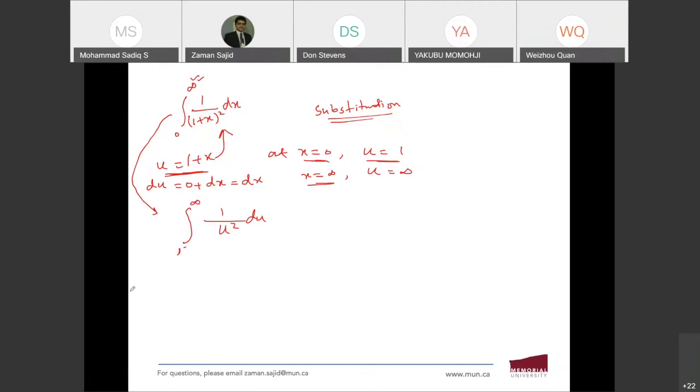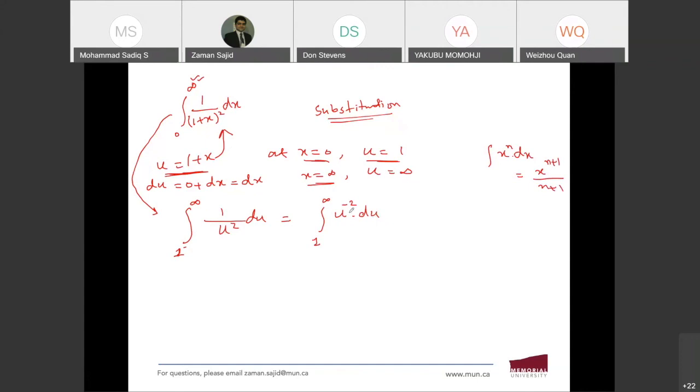Now what is the advantage of using this substitution? It allows me to integrate this function very easily. I can write it as the integral of u to the power minus 2 du, from 1 to infinity. I stated on the last slide that if you have a function x to the power n dx, its integral will be x to the power n plus 1 over n plus 1.